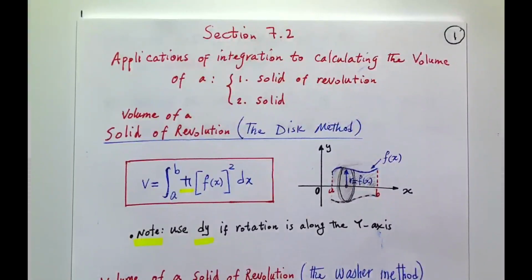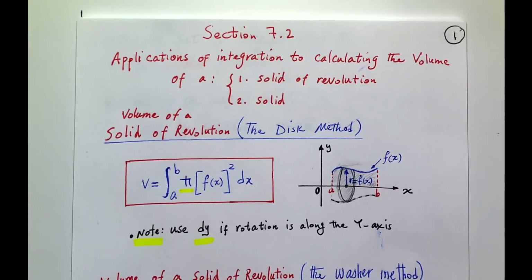Now, you're already familiar with application of integrals to finding the area under a curve. Whenever we evaluated a definite integral so far, that's what we were doing. We were calculating the area under a curve. But this section takes this method a step further, and it uses the area under the curve to calculate the volume of a solid that is going to be generated when we rotate that area under a curve about a certain axis.